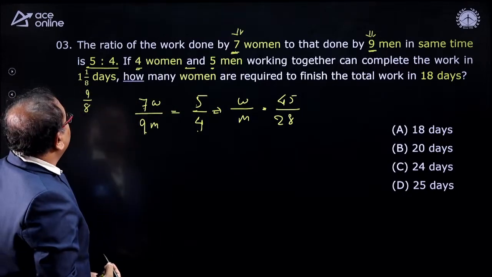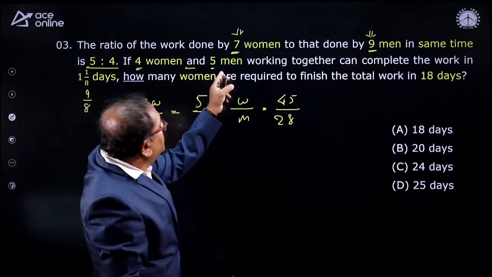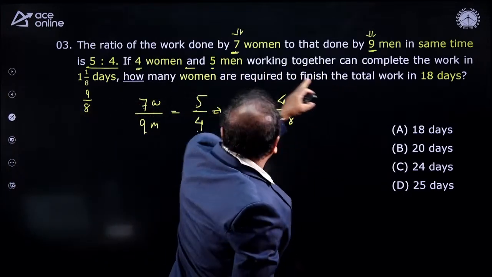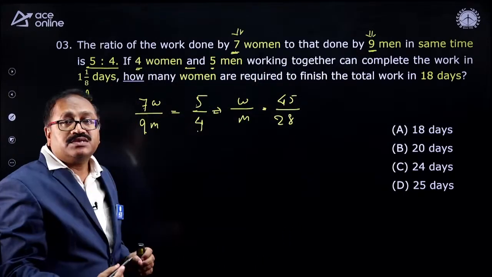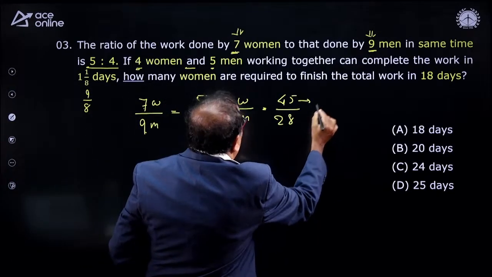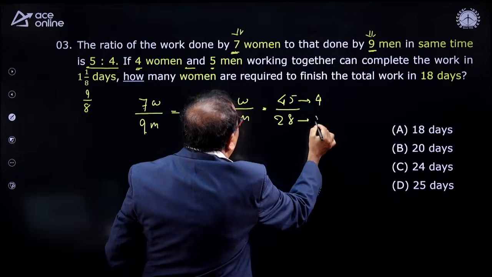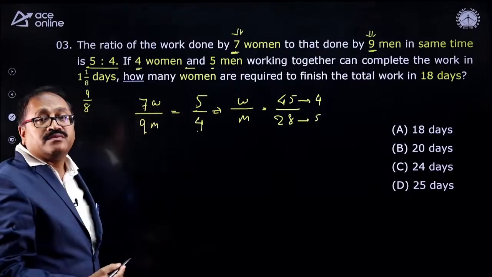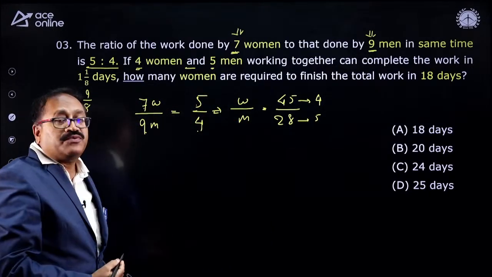Now it is said that 4 women and 5 men together complete the work in these many days. So what will be the total efficiency?